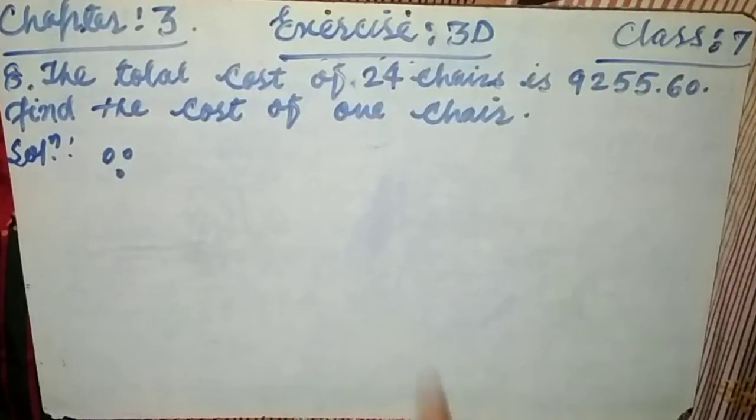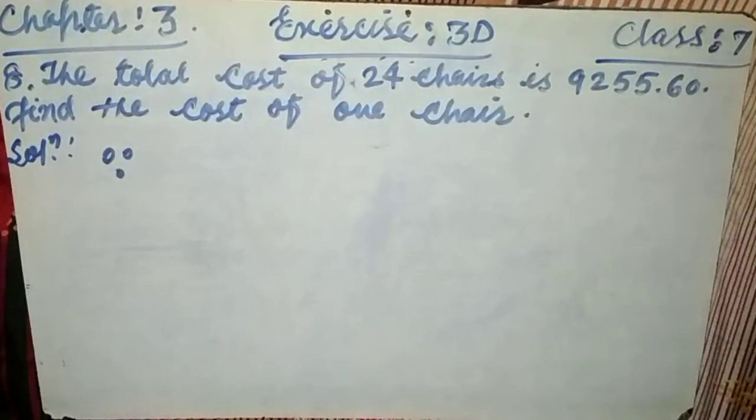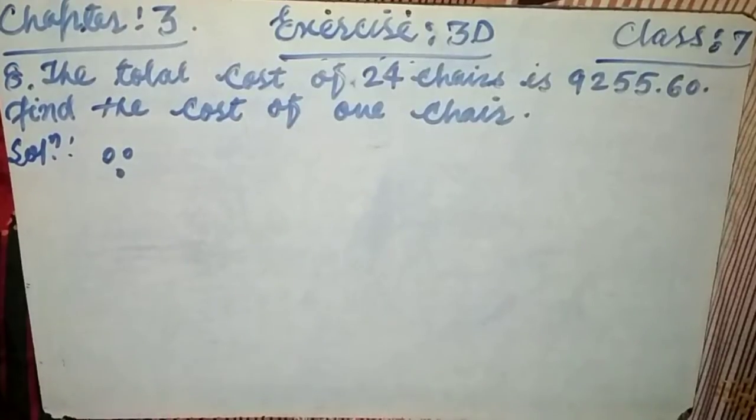This is exercise 3D, class 7, chapter number 3, decimals. So we have brought, friends, a statement type of questions, word problems related to division of decimal by whole number, division of decimal by natural number.